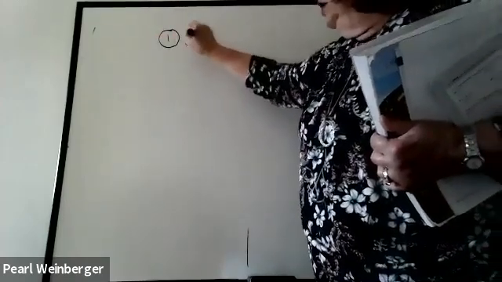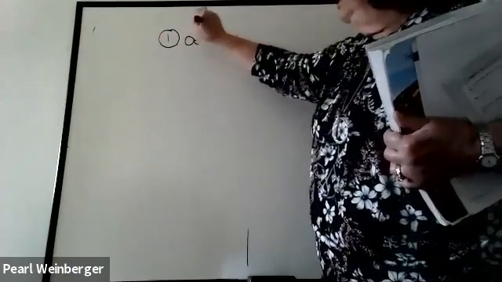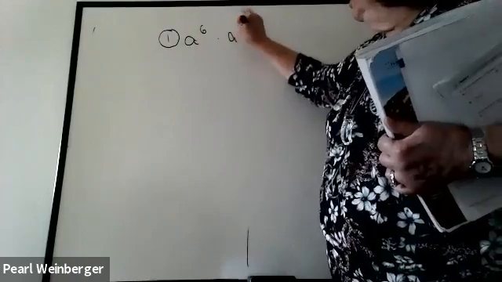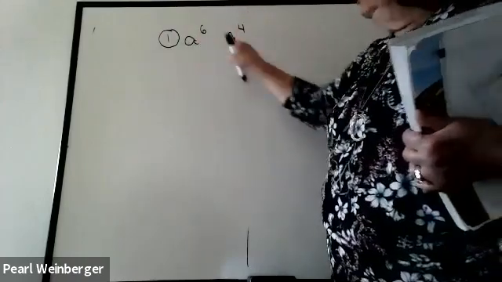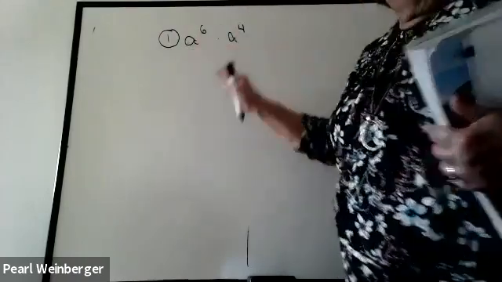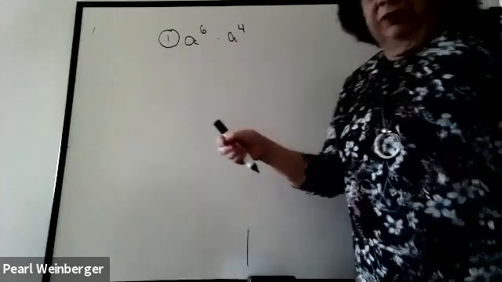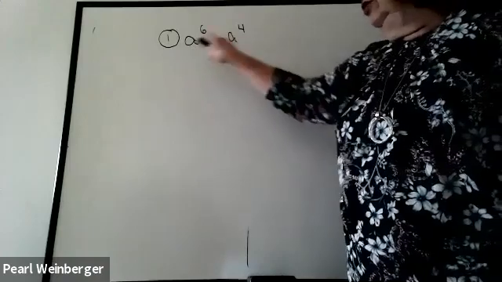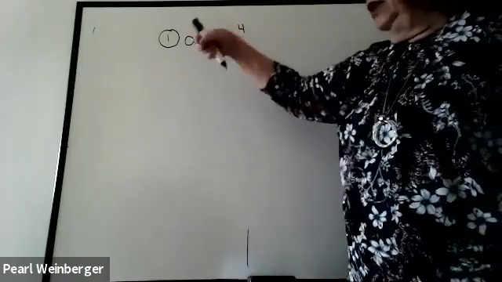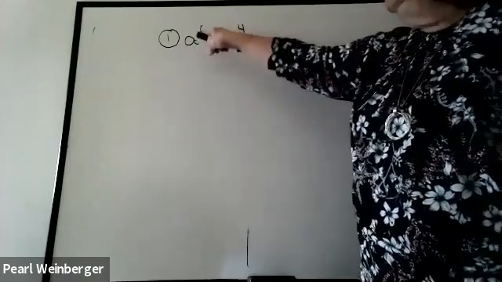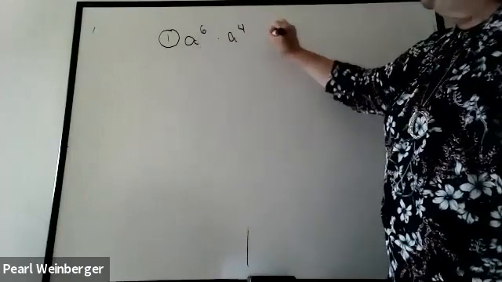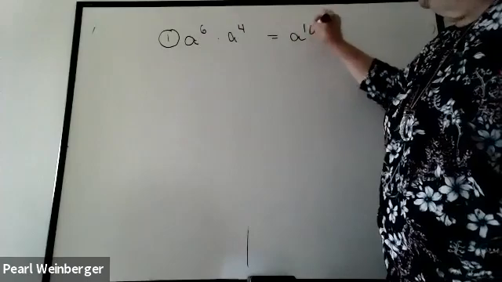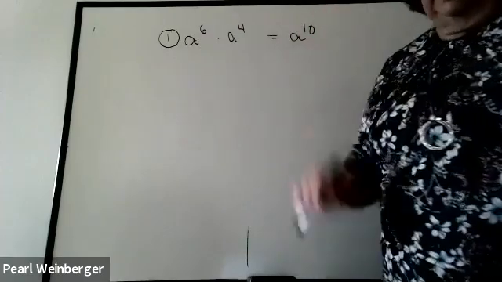Rule number 1 is if you have something like a to the 6th times a to the 4th, where you're multiplying two numbers or two variables, which represent numbers, obviously, and your bases are the same, then the rule is you add the exponents. So a to the 6th times a to the 4th is a to the 10th.